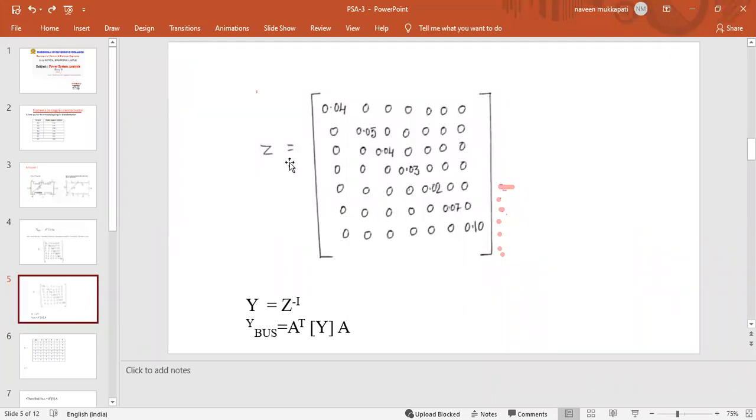After class, you should find the inverse of this matrix yourselves. If only the diagonal elements are there in the Z matrix, how do we find the inverse?